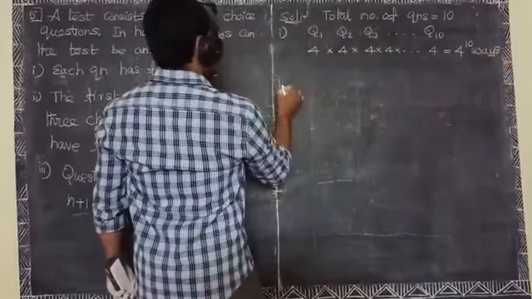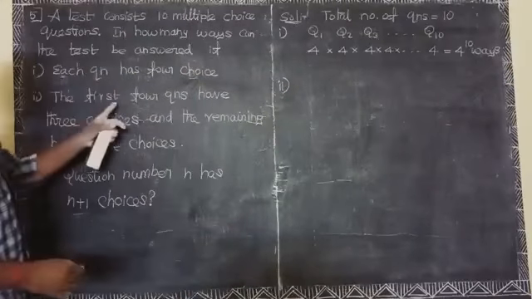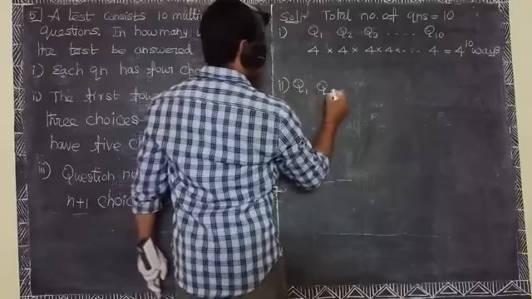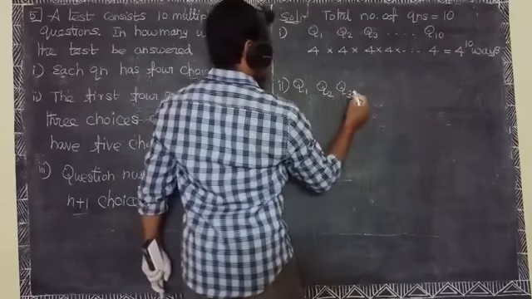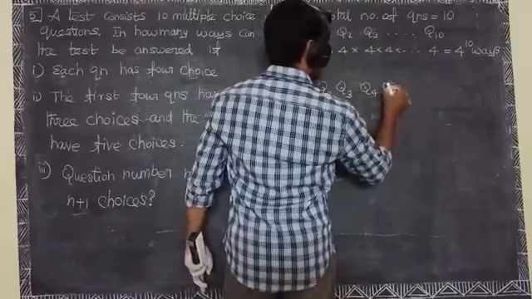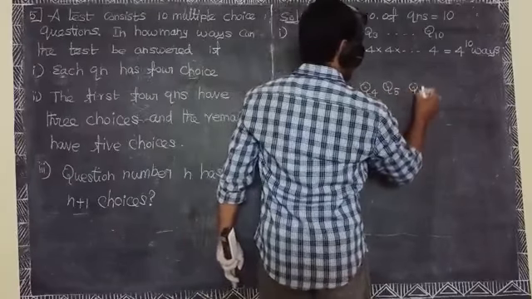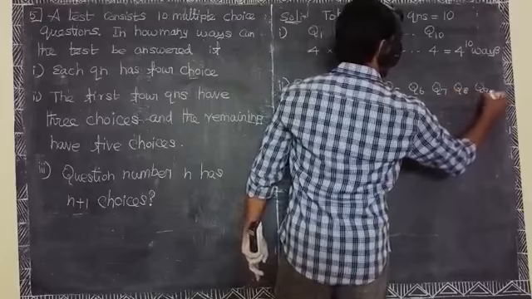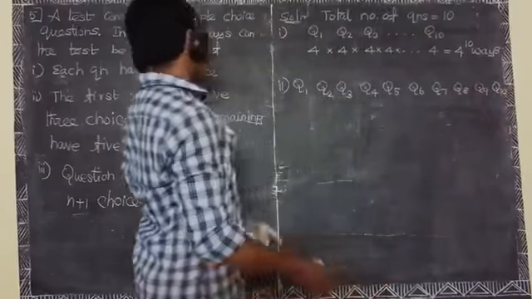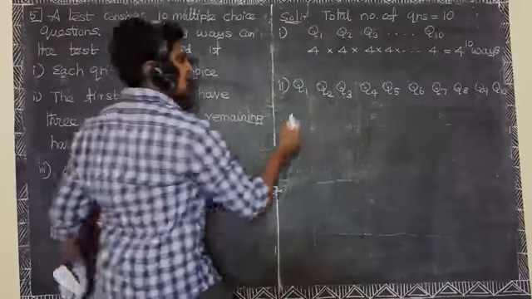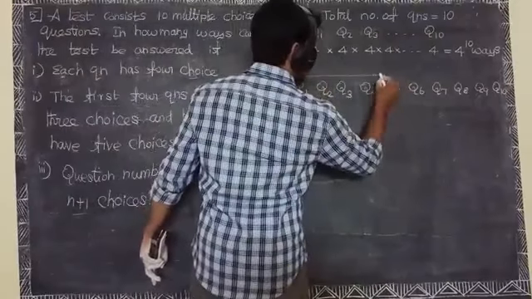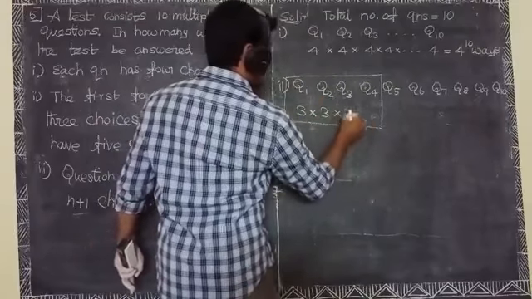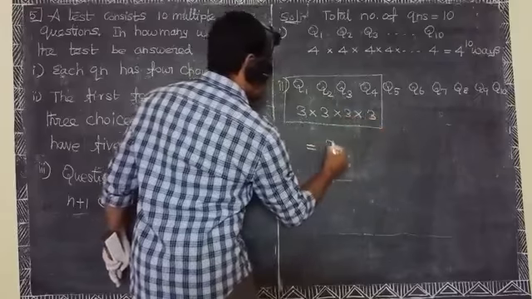In the second subdivision, the first 4 questions have 3 choices. Here q1, q2, q3, q4, q5, q6, q7, q8, q9, q10. The first 4 questions have 3 choices, so 3 into 3 into 3 into 3, that is 3 power 4.